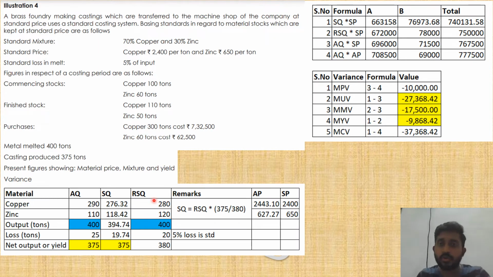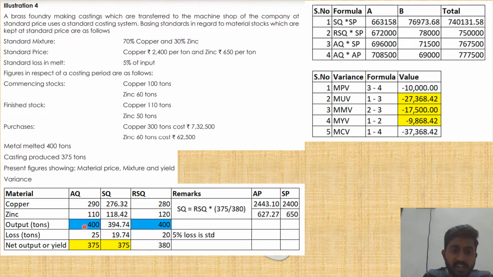Okay, so now we are getting into the problem. Here we have already calculated that 290 is the actual quantity of copper and 110 is the actual quantity of zinc.